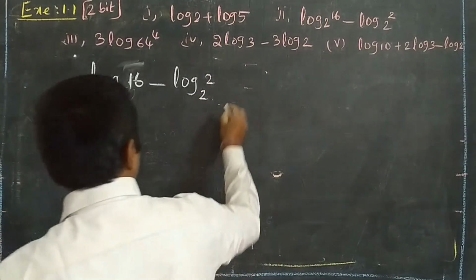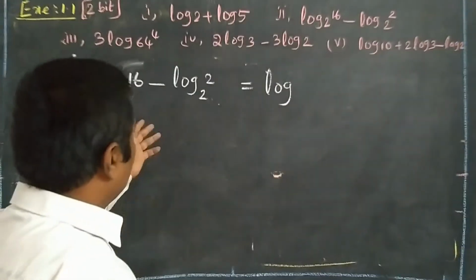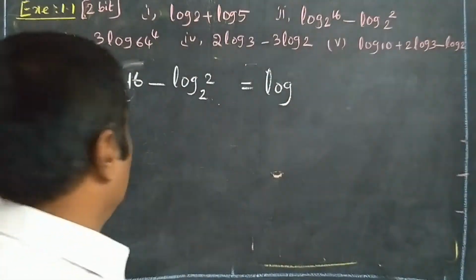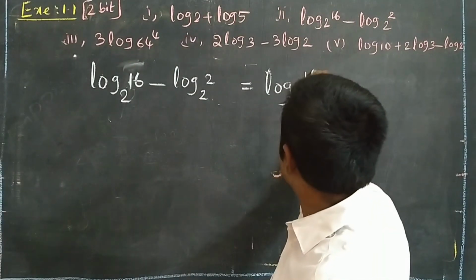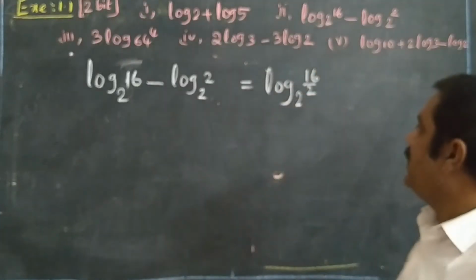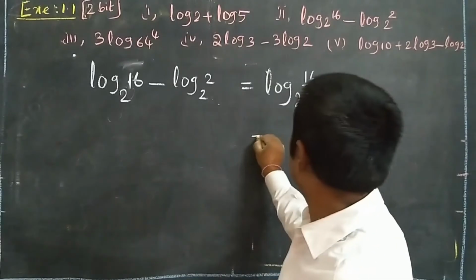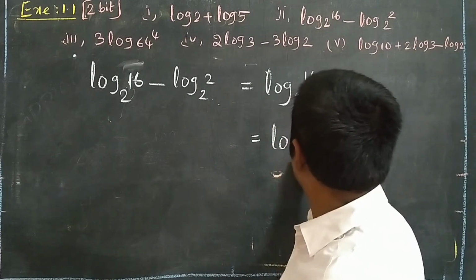This is the second rule, that is quotient rule. Minus is there, means we have to write log 16 by 2 base 2. We have to cancel. This is log 8 base 2.